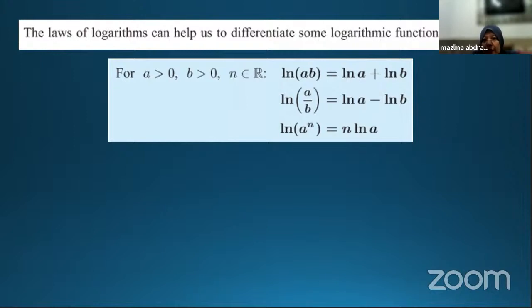If we have ln ab, we can always use the law of logarithm, so it becomes ln a plus ln b because a and b are multiplied. Next, ln a over b, we can use ln a minus ln b. And the last one, ln a to the power of n, we can use n times ln a. So it follows the same rules to solve this.